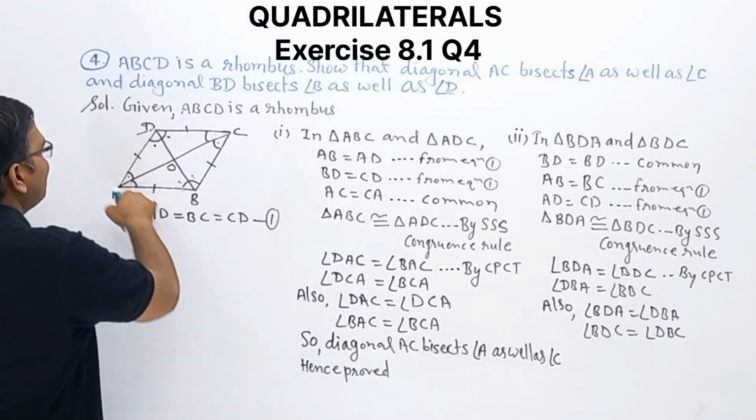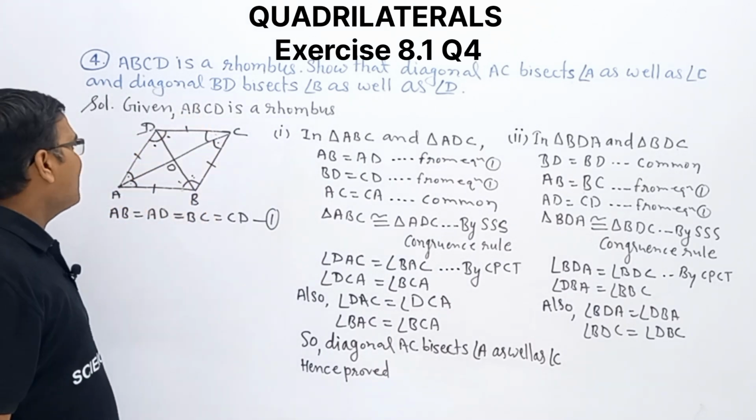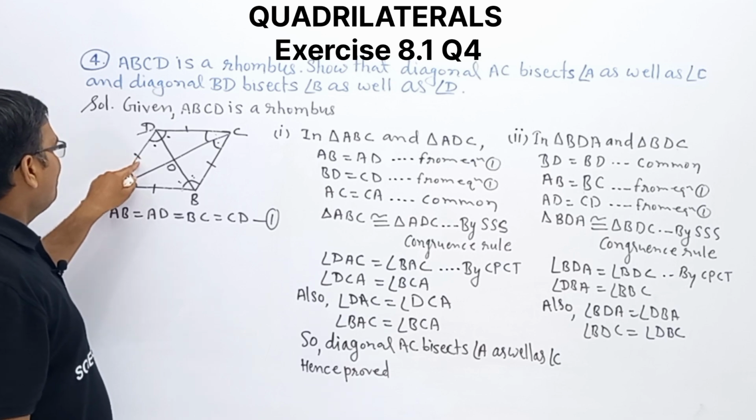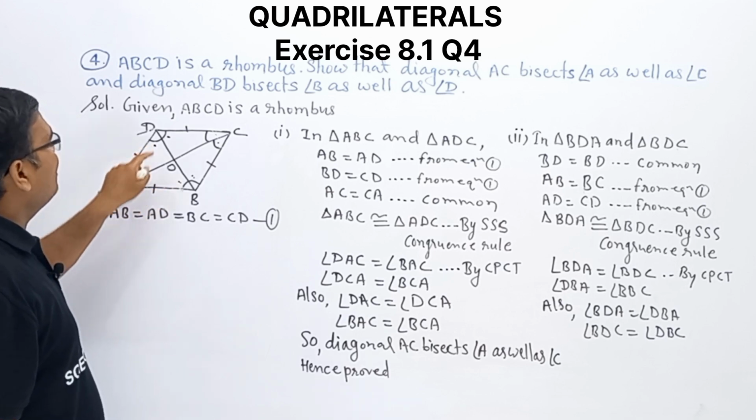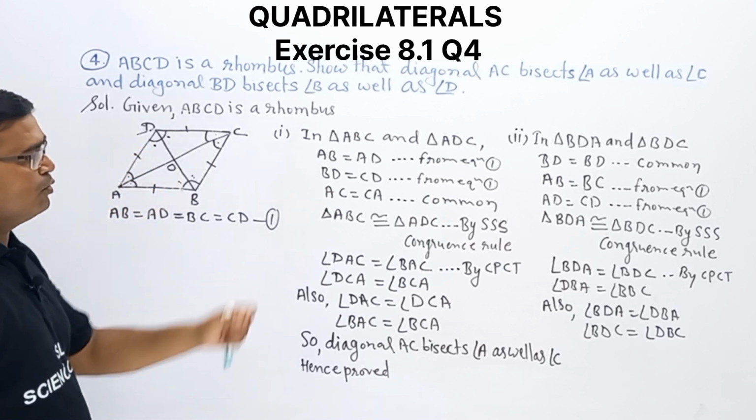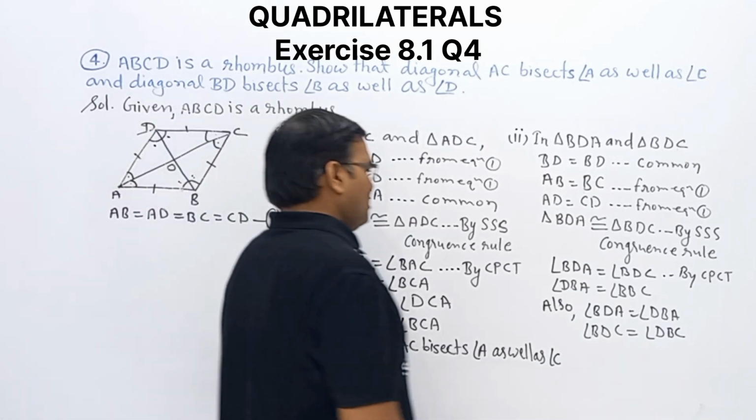Why? Because these are isosceles triangles. In an isosceles triangle, angles opposite equal sides will be equal. So we can write like this.